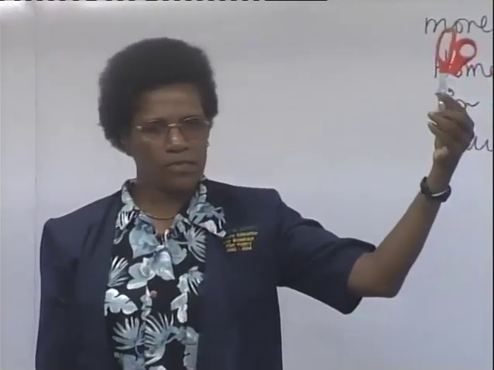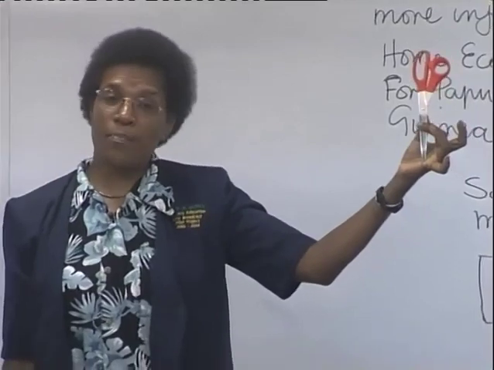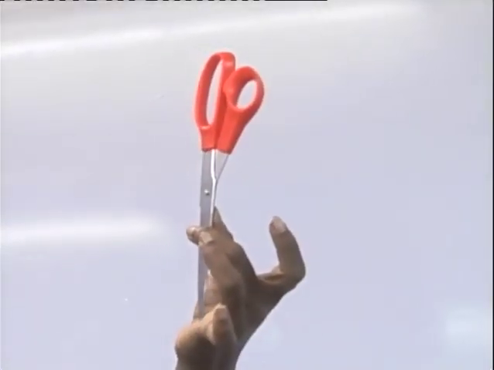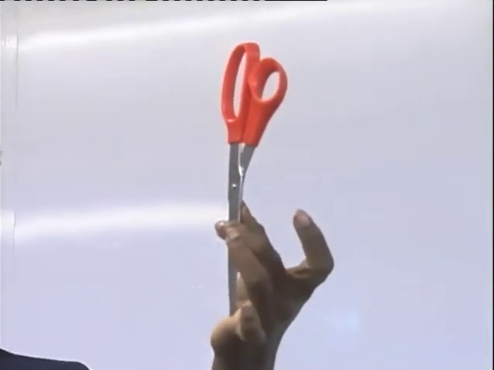Now, I'd like us to have a look at what I have here. I have something here with me. It's one of the equipment that a person needs to help him or her in sewing what he or she wants to sew.